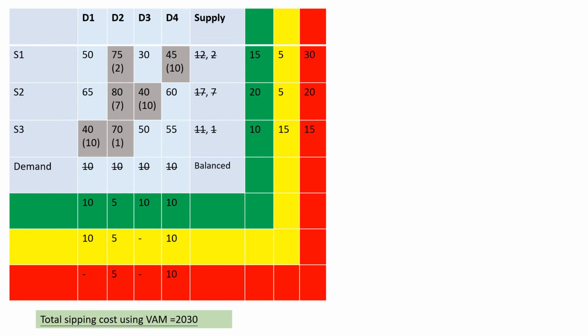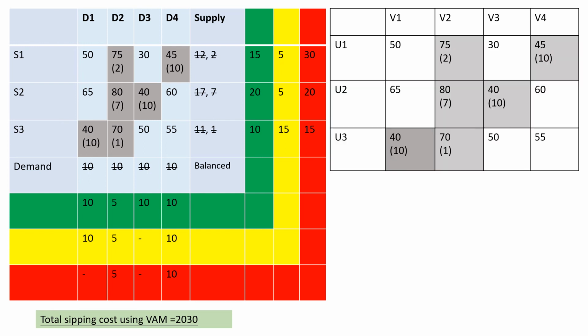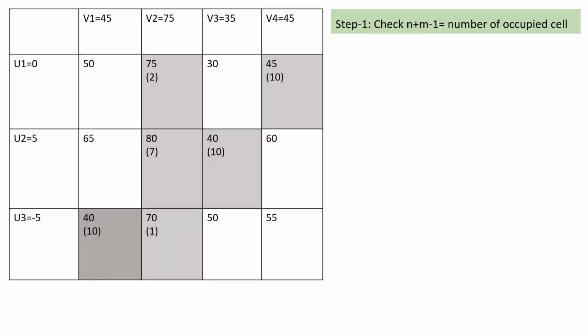Let me check. This is the result obtained from the Vogel's approximation method. This is the initial solution. If we are required to calculate the optimal solution starting from this result, let's check the optimality. Let's check the n plus m minus 1 number of occupied cells.